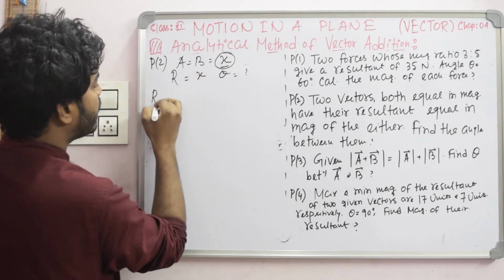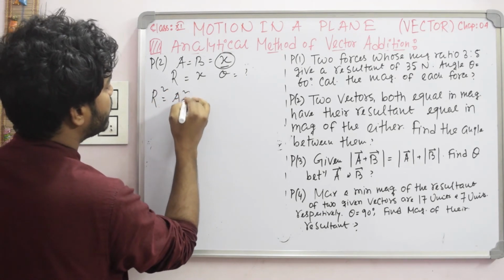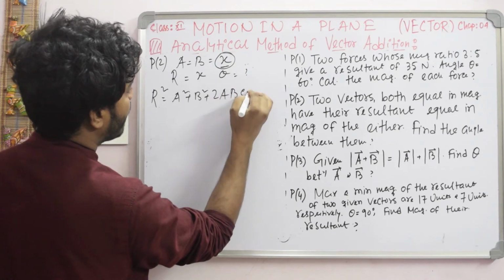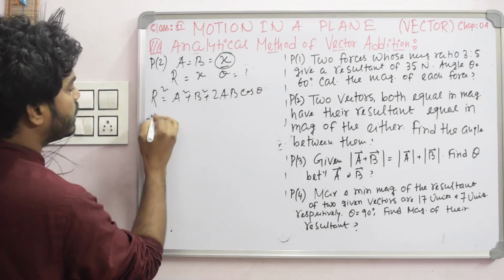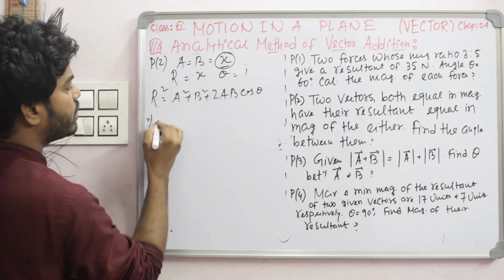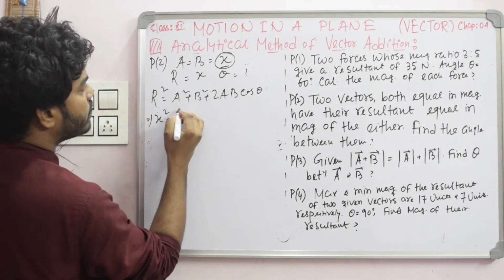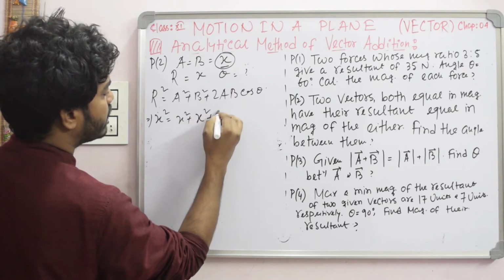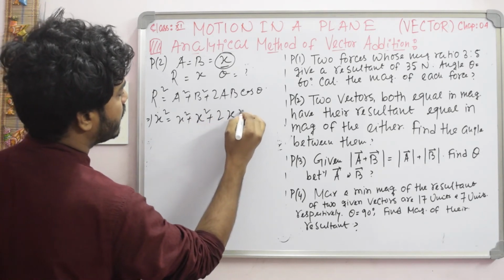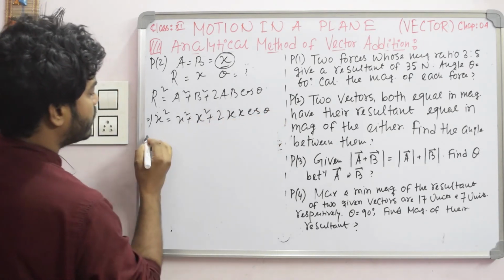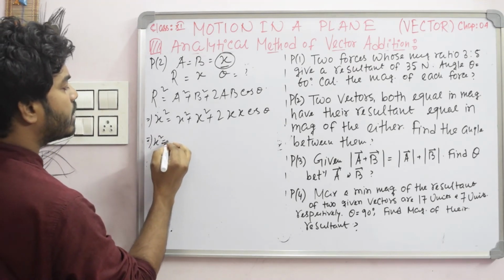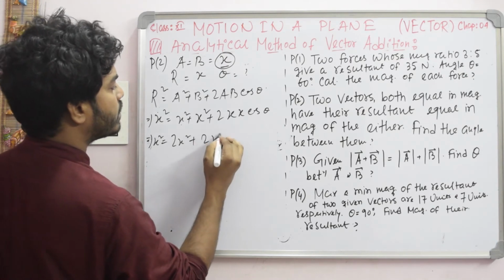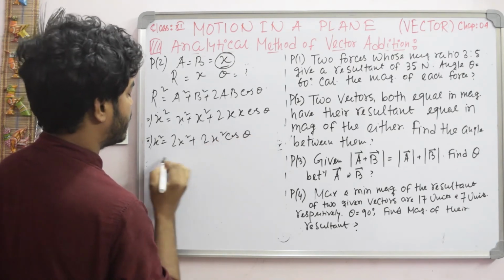So use R square is equal to A square plus B square plus 2AB cos theta. Putting the values, R square is x square, A square is x square, B square is x square, plus 2x square cos theta. So x square plus x square is 2x square, and there is a 2x square cos theta.